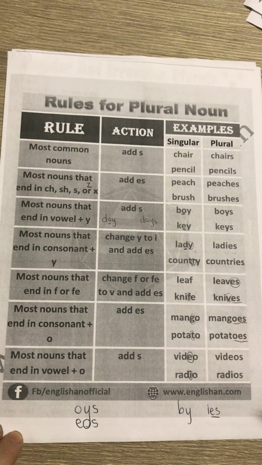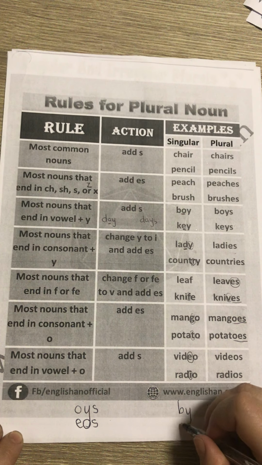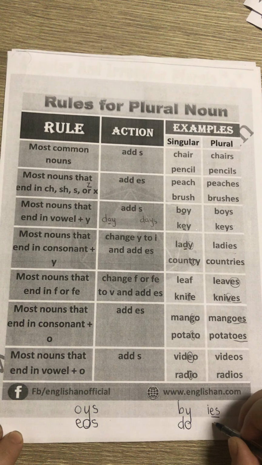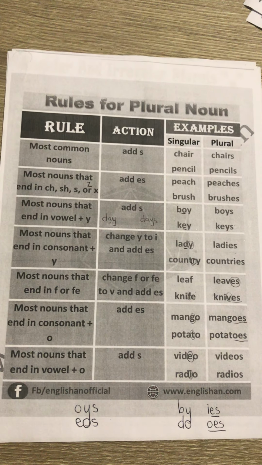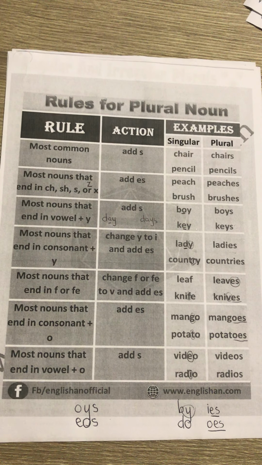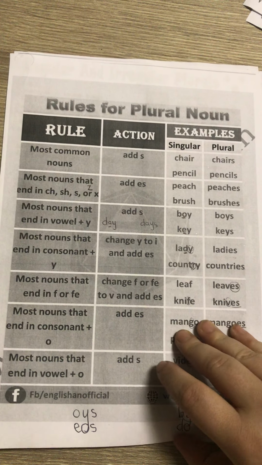Any word that ends in o and there's a consonant in front of it, it gets es. Okay, so video, videos, radio, radios. They just got an s at the end because there was a vowel before the o.